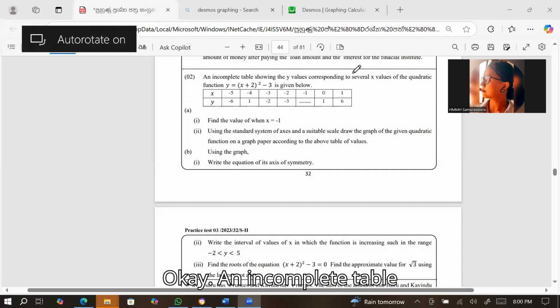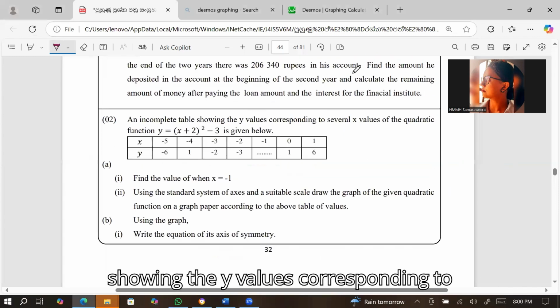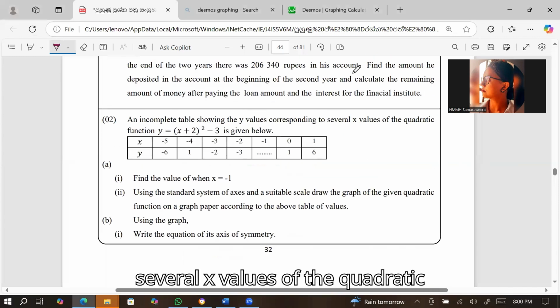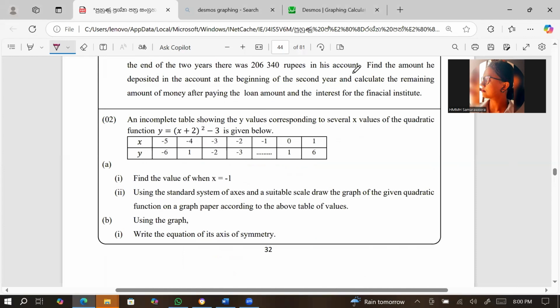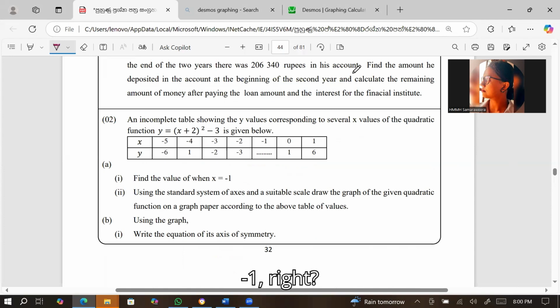Okay, an incomplete table showing the y values corresponding to several x values of the quadratic function is given below. Find the value of the graph when x equals -1.